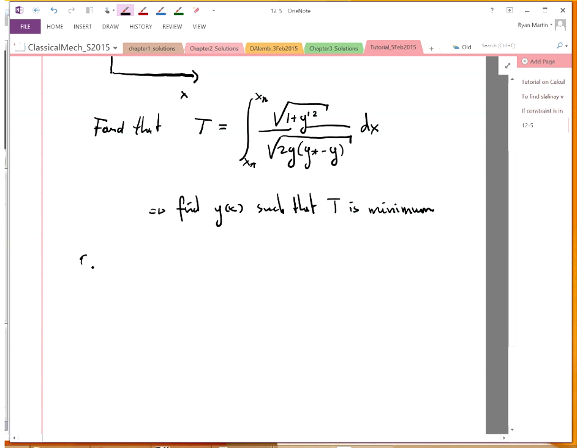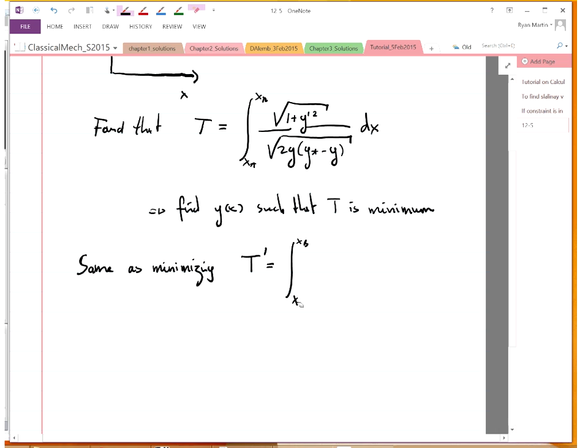So this is the same as minimizing, let's call it t prime, from xa to xb, or let's say from 0 to xb actually.